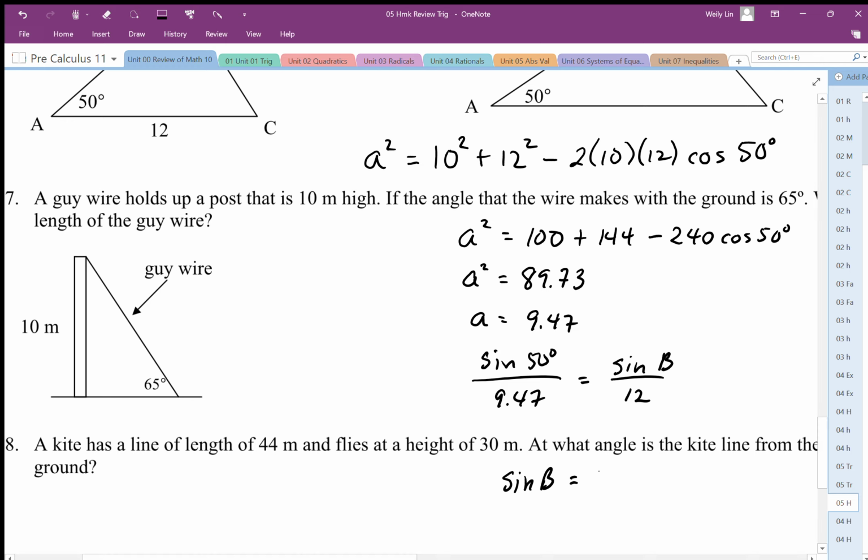Okay, so my sine ratio works out to be 0.970 approximately, and angle B can be found by using the inverse sine function. So inverse sine, I get an angle of 76.03.